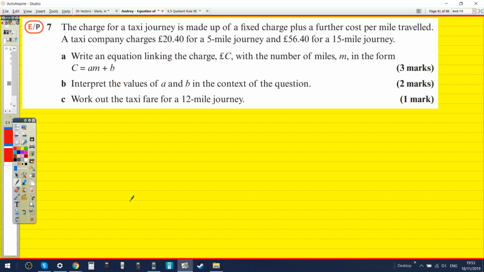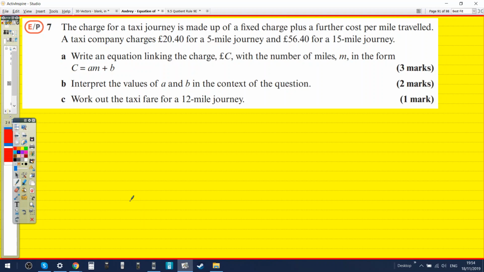I'm guessing, is it something like C equals £20.40 times 5 plus B? So what does the C stand for? The charge? Yep.